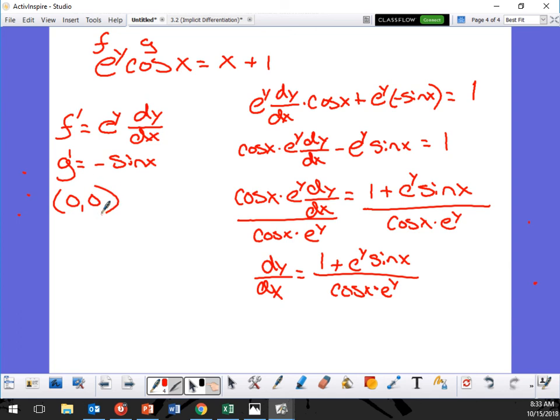I'm going to make a new page here. 0, 0, and my dy dx was 1 plus e to the y sine x over cosine x. Very good. Okay.